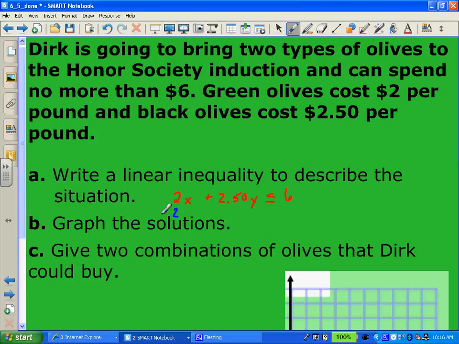Now once again I have to solve this for y. So I'd have 2.5y less than or equal to negative 2x plus 6, divide by 2.5. Sorry, I'm going over the writing here.